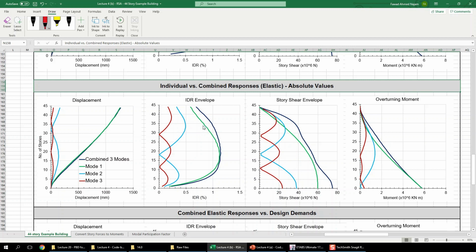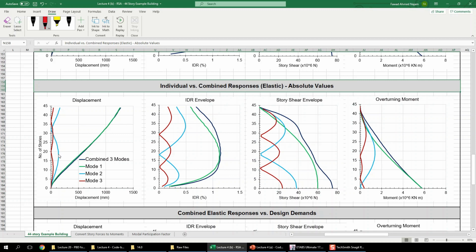So here you can see the difference between green line and the black line is the contribution from second and third mode. So in displacement you can see the contribution from second and third mode is almost negligible, but here in interstory drift ratio, in story shear and story moment, there is some difference, and that difference is coming from the second and third mode participation in the total response.